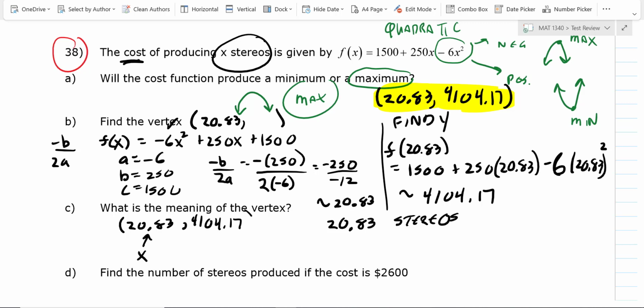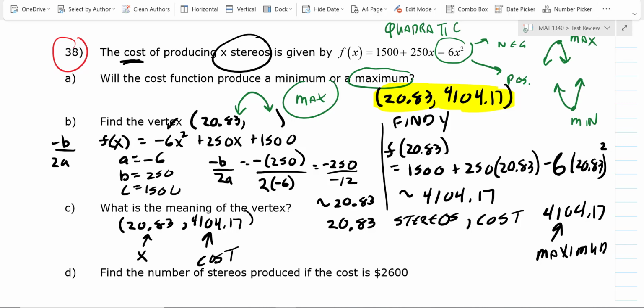So what this vertex means is, when you have 20.83 stereos, the cost of that is 4,104.17. And this right here is the maximum cost. Okay, so that's the idea. That's how many stereos get produced that cost the most. That's what that basically means. Okay.